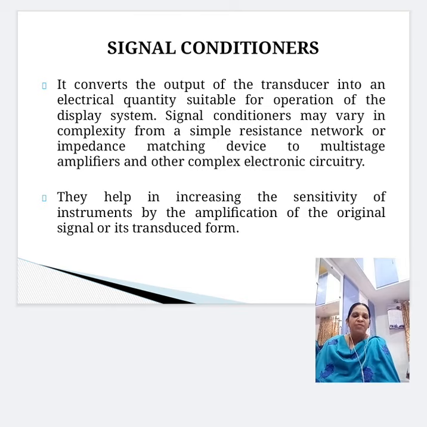Either it may be amplified or attenuated, or you will be using several types of methods for conditioning your signal. So the signal conditioner converts the output of the transducer into an electrical quantity which is suitable for operation of the display system.